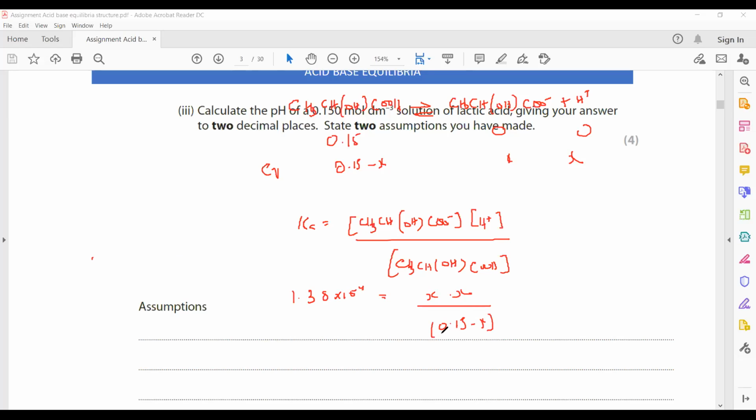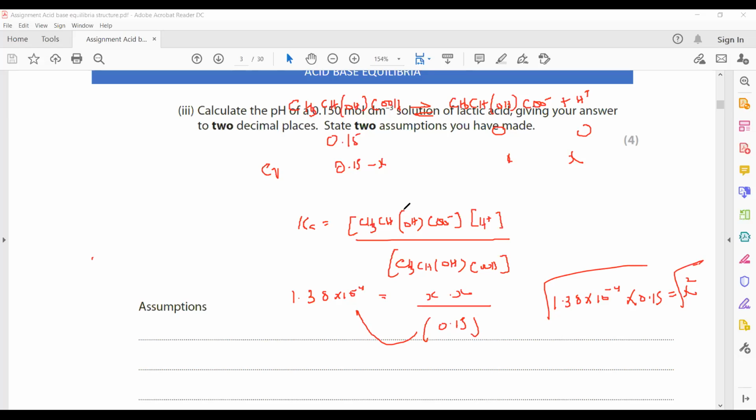The X is negligible, so we neglect that. So instead of writing 0.15 minus X, I can simply write 0.15. This 0.15 is divided, on the other side it will be multiplied. So 1.38 × 10^-4 multiplied by 0.15. You will get this concentration squared, then take the square root, you will get the value of X.